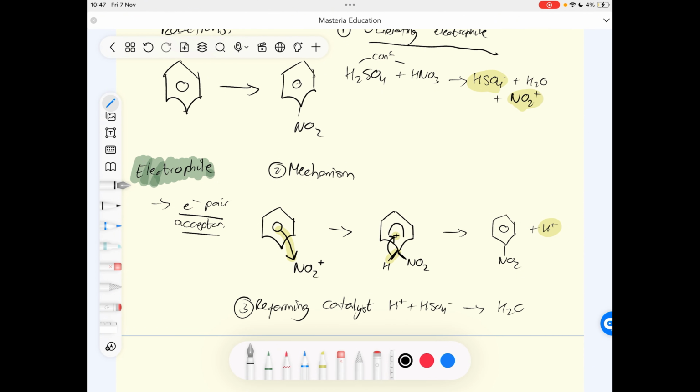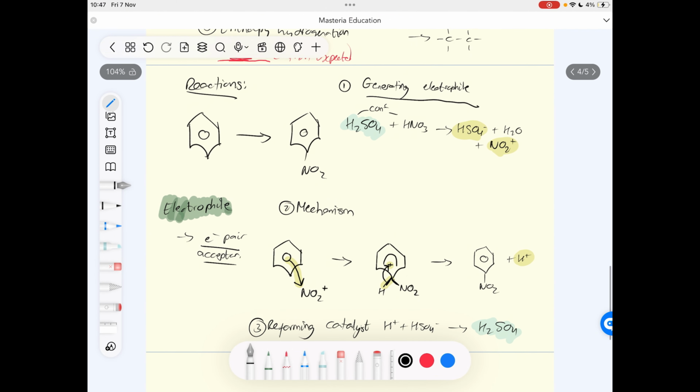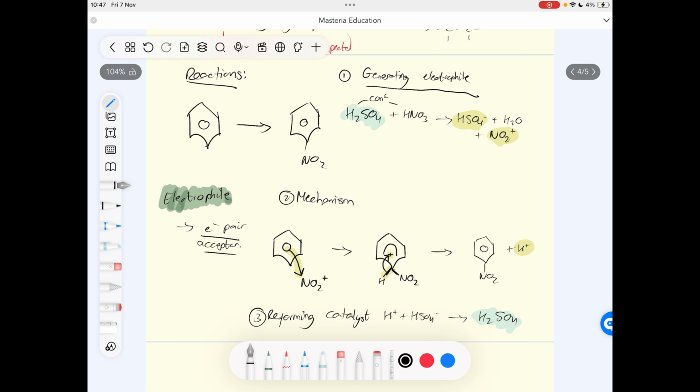And then we reform that molecule that was the catalyst at the start, which was our H2SO4. So essentially, my H2SO4 has been reformed. And that is actually the definition of a catalyst. It's something which speeds up the rate of reaction, but it itself isn't used up in the reaction. So this here is the first reaction of forming nitrobenzene.